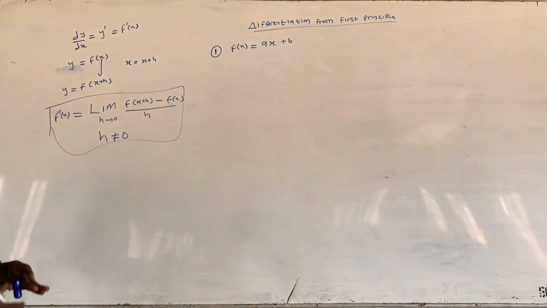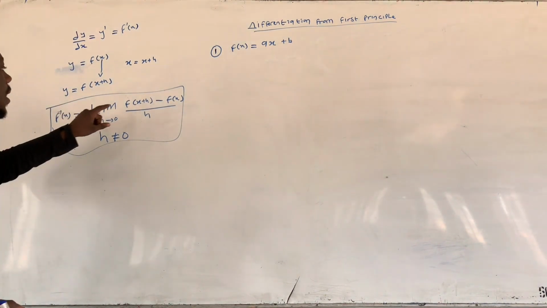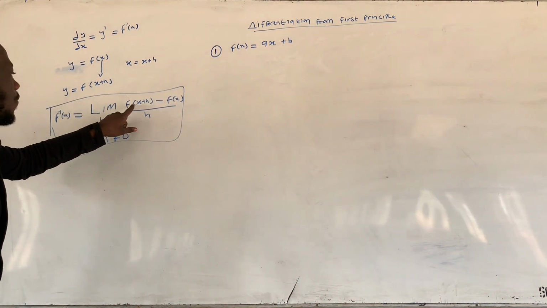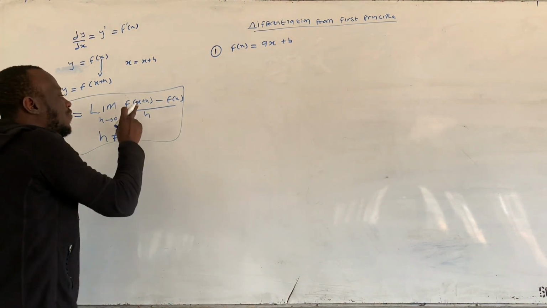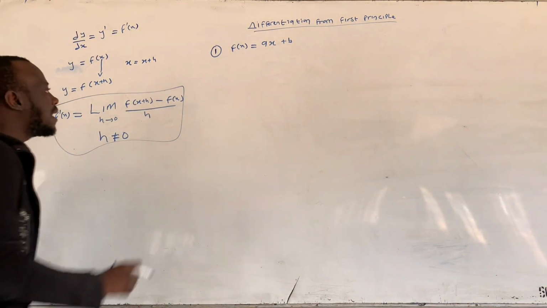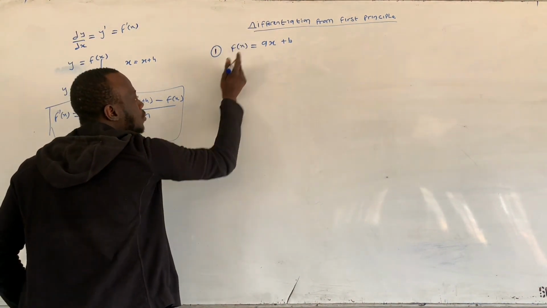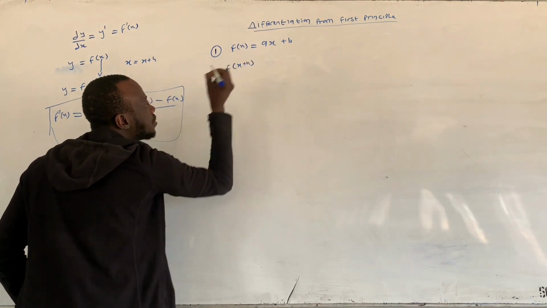The formula from the first principle states that we need to find f of x plus h. Meaning, wherever we find x, we have to add h. So this becomes f of x plus h.